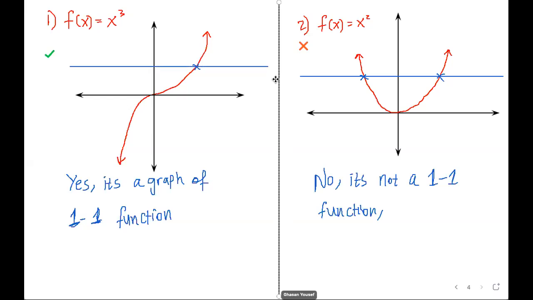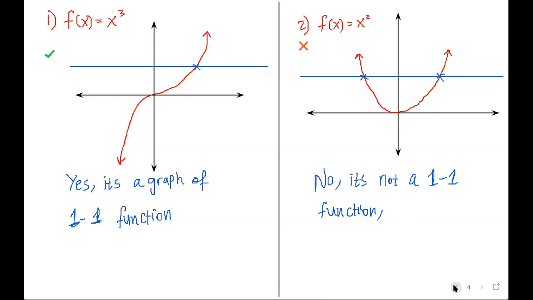Okay. So now, if there are no questions, let me give you another example, but this example is not like a graph. I'm going to give you a function without the graph, and I ask you, by using the definition, is it a one-to-one function or not?